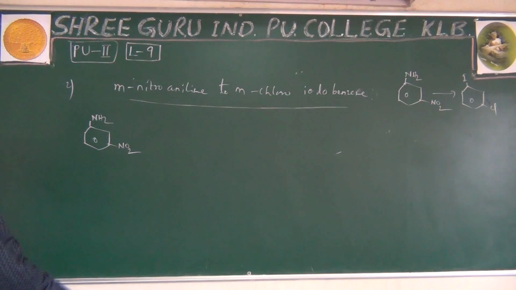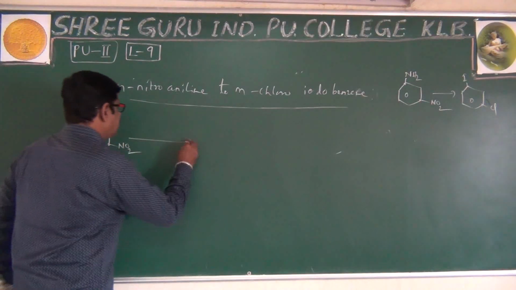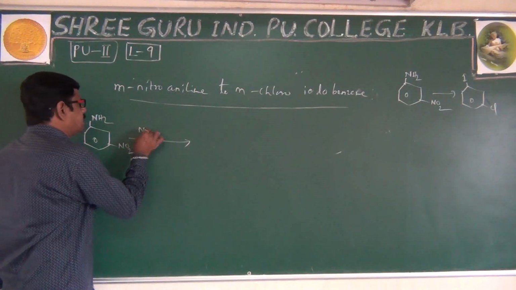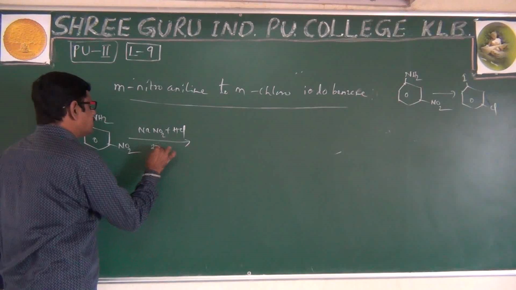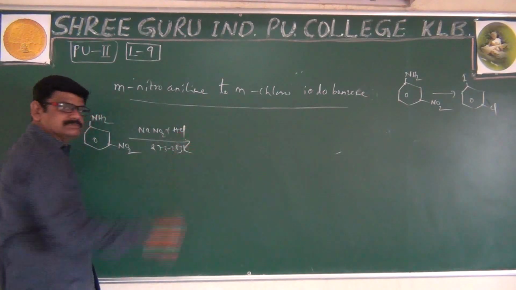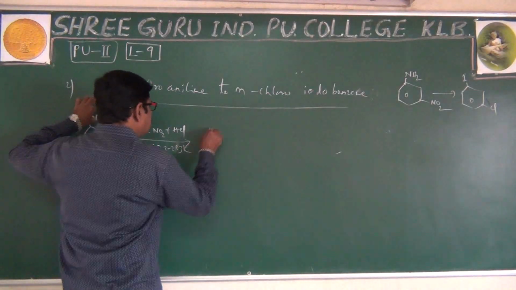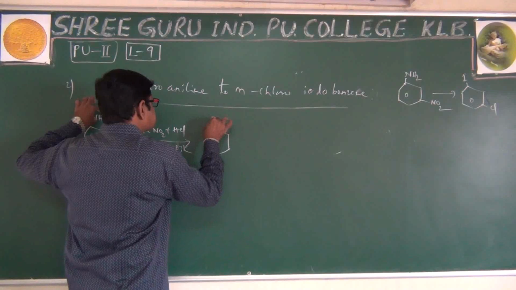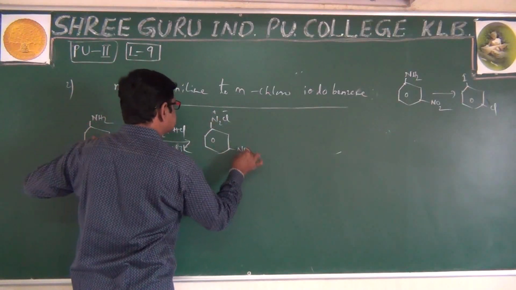This metanitroaniline undergoes diazotization because the NH2 group is there. During the diazotization, NaNO2 and HCl react at 273 to 283 Kelvin, 0 to 5 degrees centigrade temperature. NH2 is converted to N2Cl, and the NO2 group is as it is, no change.